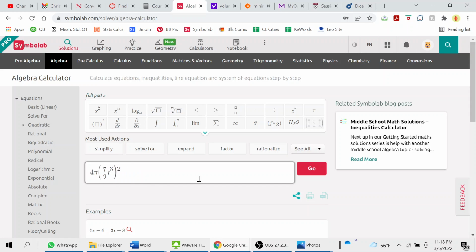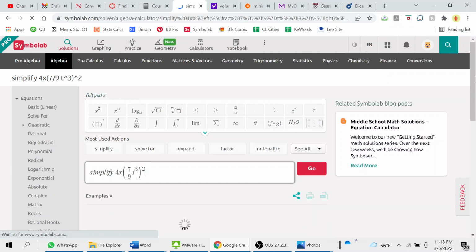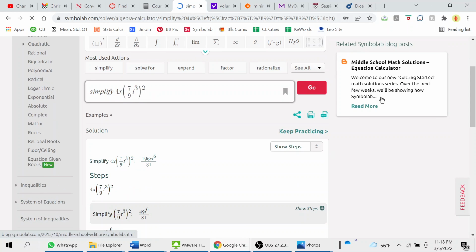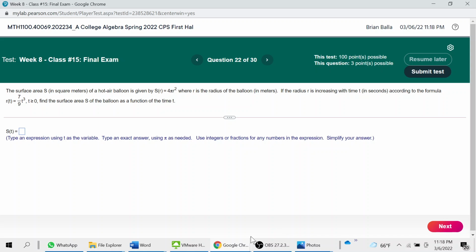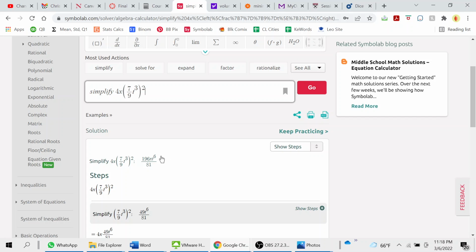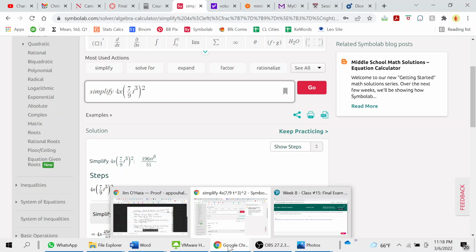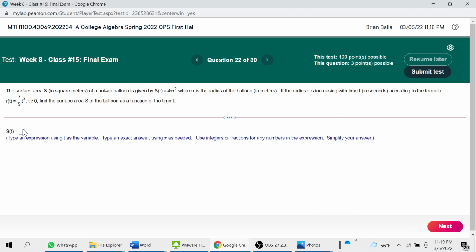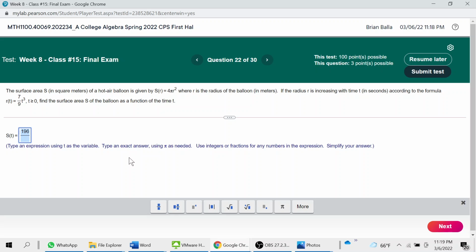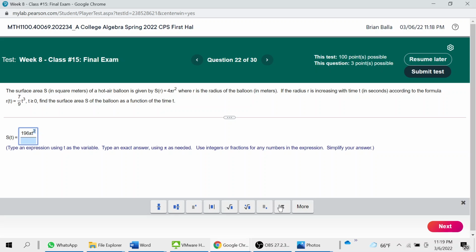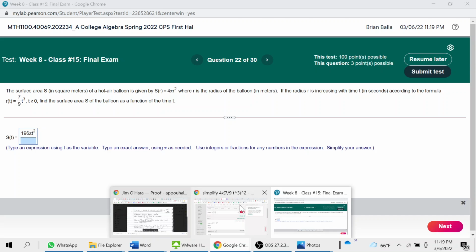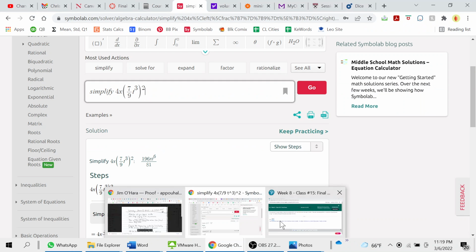Wait, hold on. I know how to wait. It's gonna simplify. They're gonna treat that pi as a regular number instead of getting the exact value. Okay, so 196 pi t squared, is it squared? Hold on, or is it to the 6? To the 6, okay, over 81.